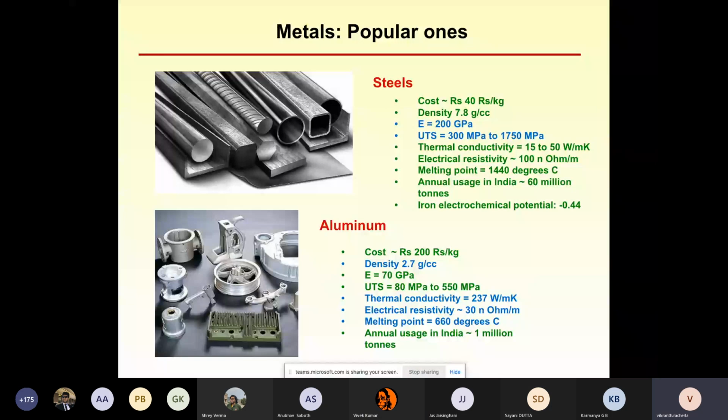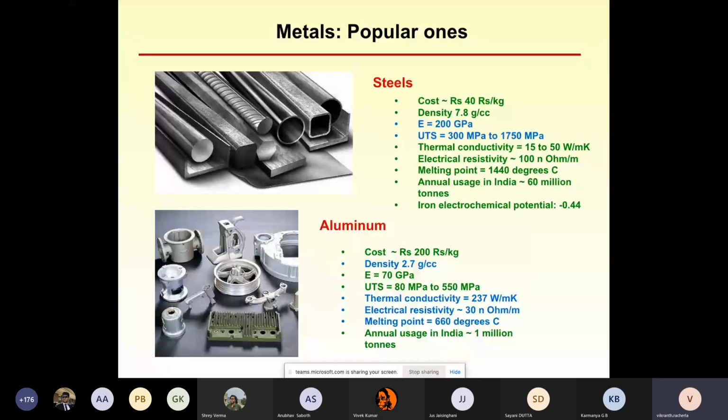Where do you exploit this high thermal conductivity? Heat sinks, utensils, heat exchangers, radiators, and also for making engines. So wherever you want to create small thermal gradients and you want to spread out the heat uniformly, there you can go ahead and use aluminium.